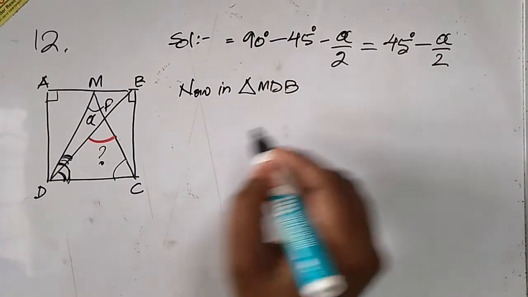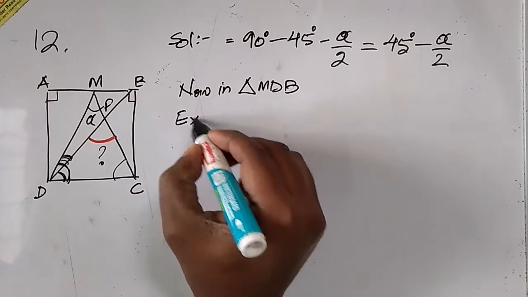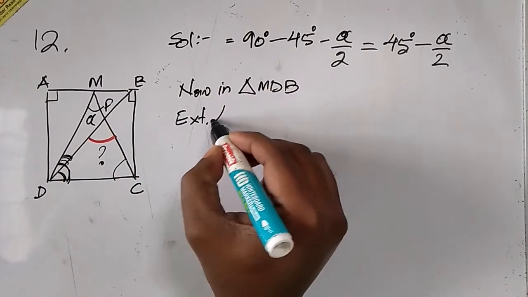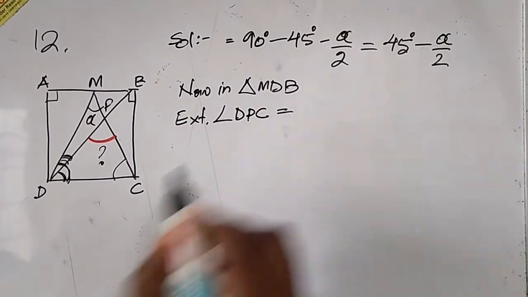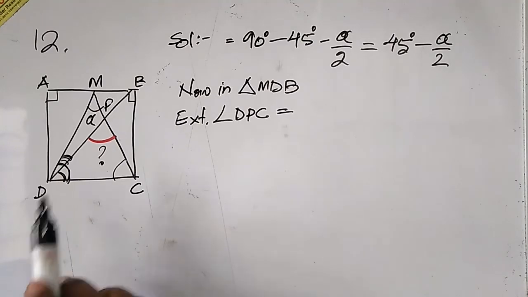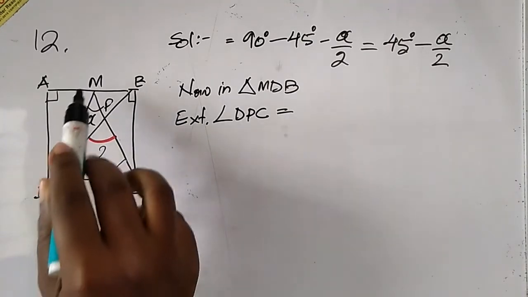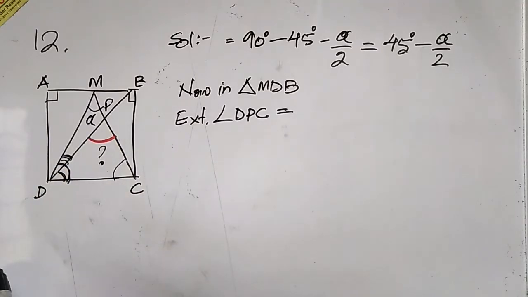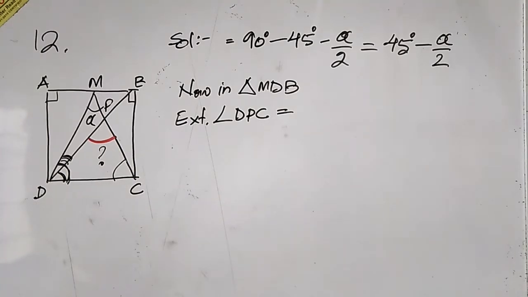Okay, so now in triangle MDB, exterior angle DPC is equal to, this DPC is equal to angle DMC. Okay, the exterior angle DPC is equal to angle DMC.